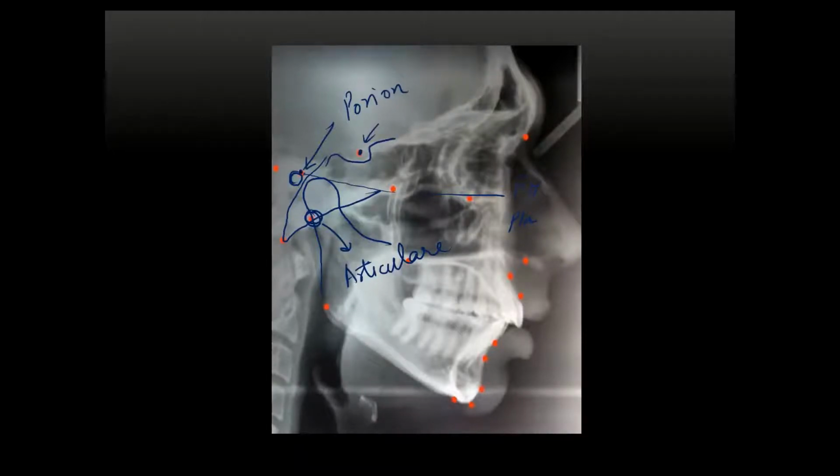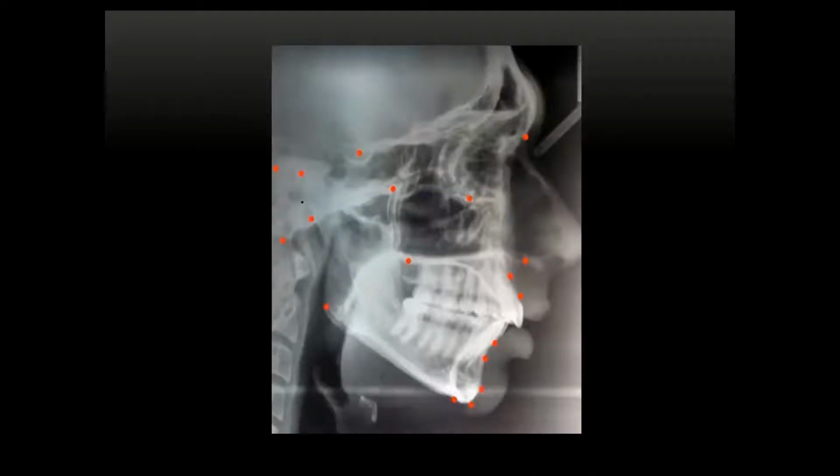I think this is not porion. That is the problem, it is not really that clearly visible. I think the inferior auditory meatus is here. Okay, let's go back a few slides. If you draw the mandible like this, I'm drawing it like this because I'm not able to see it very clearly.